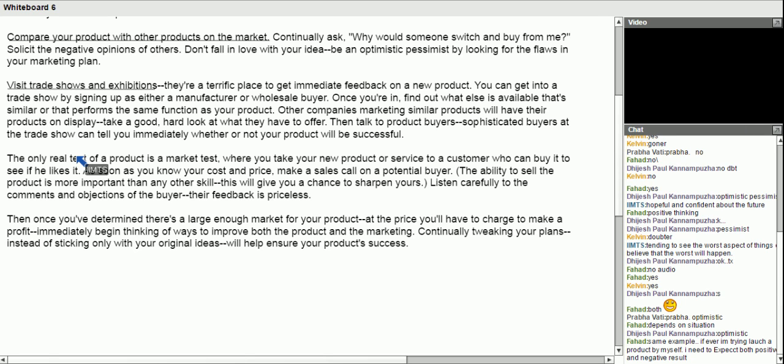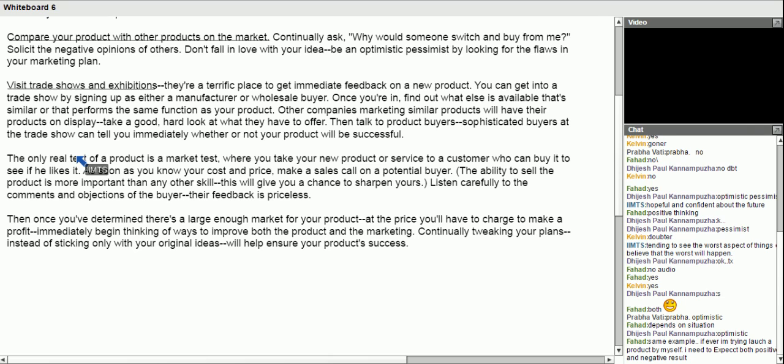This will give you a chance to sharpen yours. Listen carefully to the comments and objections of the buyer. Their feedback is priceless. So never ignore the comments and objections of the buyer, and try to make the changes regarding the objections they have made.